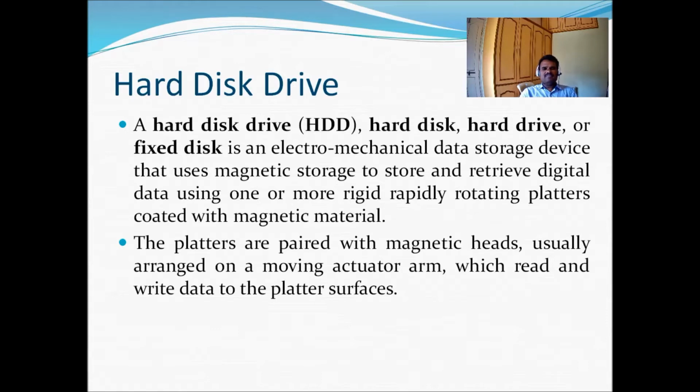So every hard disk has rotating platters. The important component inside the hard disk is the rotating platters, which are magnetic coated material where we store the data. The platters are paired with magnetic heads usually arranged on a moving actuator arm which read and write data to the platter surfaces.